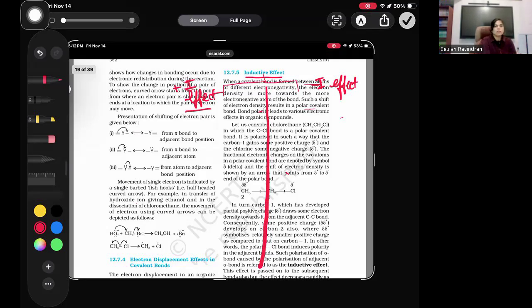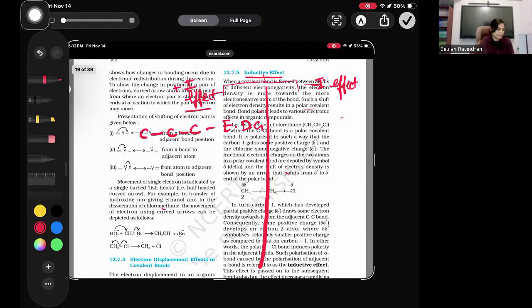Here, when an electron donating group is attached to a chain of carbon atoms, that means C to C to C, with the electron donating group here.